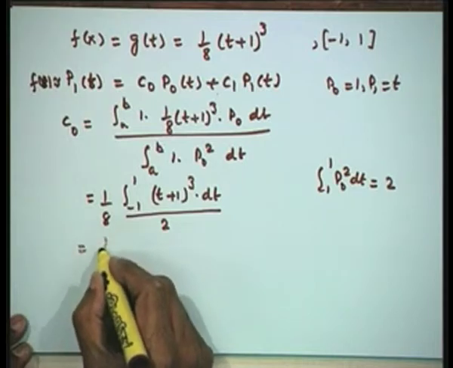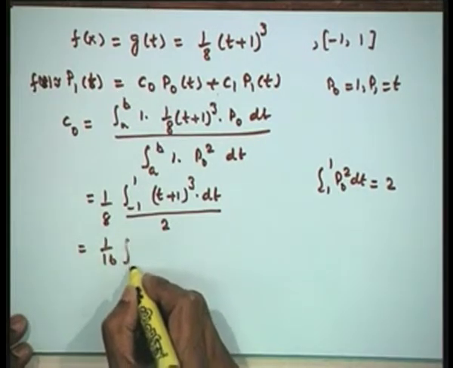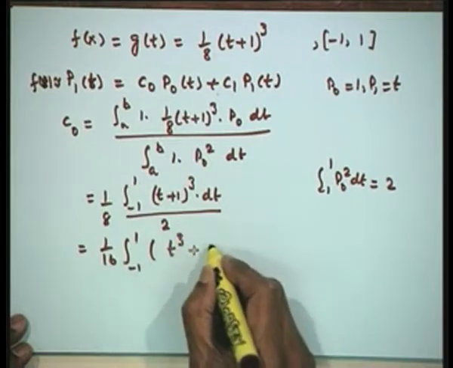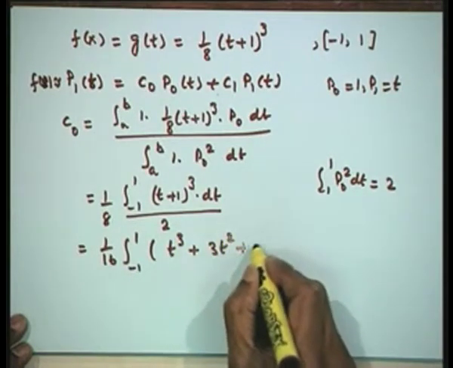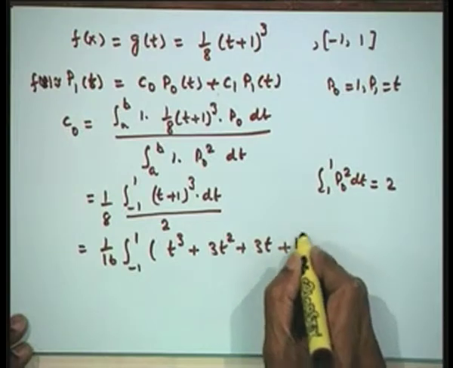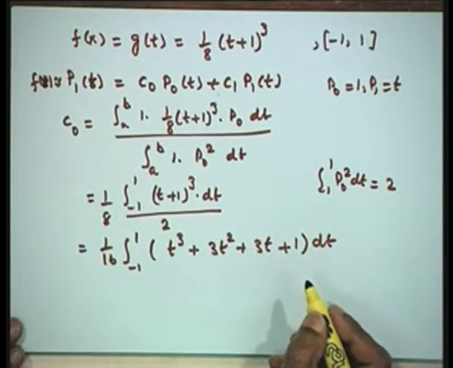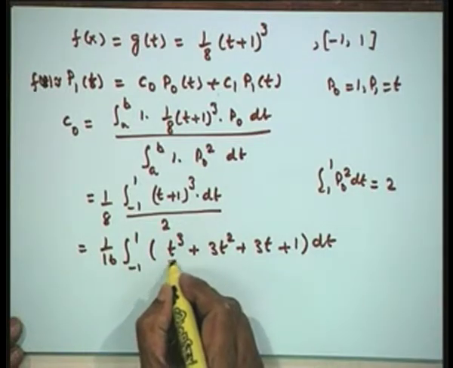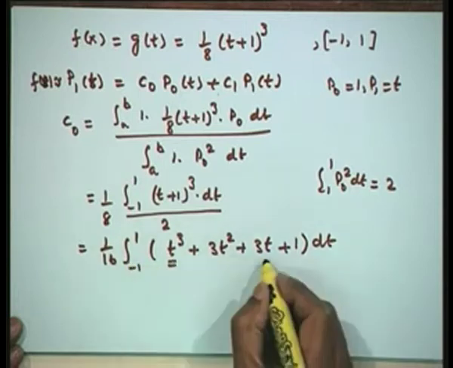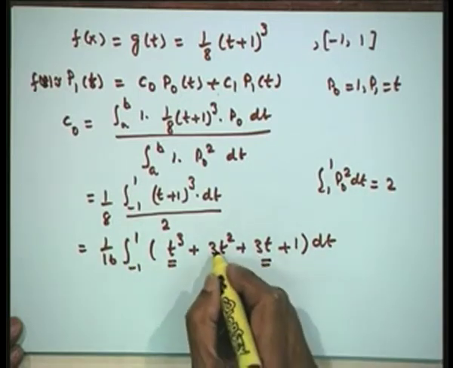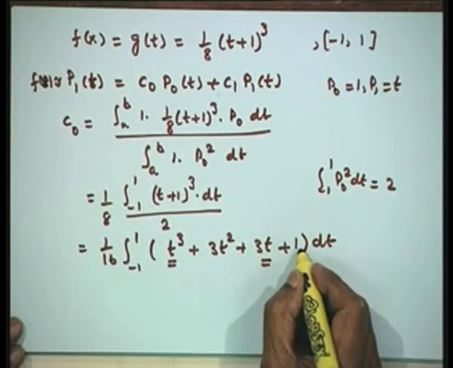Therefore, I just open it up and integrate this, the integral from minus 1 to 1, I can take this as t cubed plus 3 t square plus 3 t plus 1 dt. Now, t cubed is an odd function, therefore its contribution is 0, t is an odd function, its contribution is 0, therefore only t square and 1 will contribute to the solution.